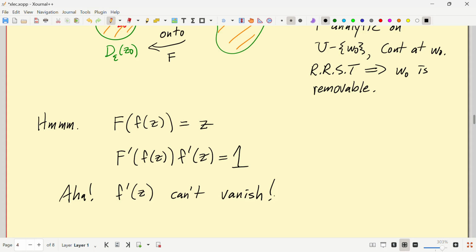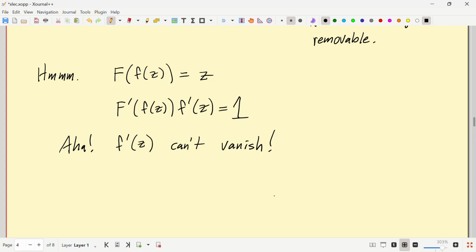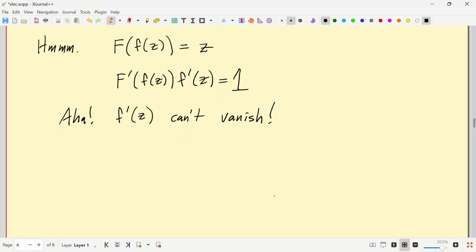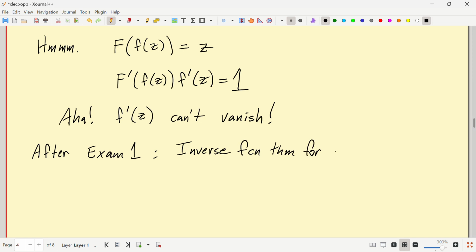Anyway, I feel like I'm running out of time and I don't want to get carried away here. Next time I'm going to do a review, but after the exam, the inverse function theorem, which is going to turn out to be very simple, the inverse function theorem for analytic functions.